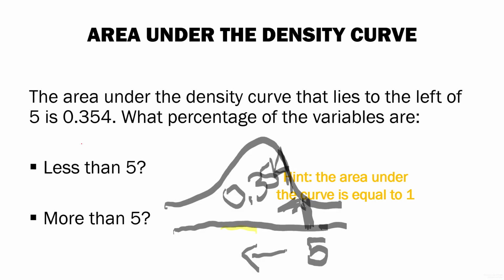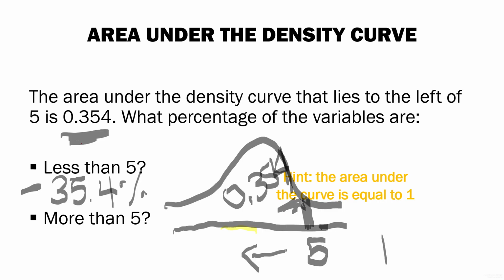So then what percentage of variables are less than 5? Well, if the whole thing is equal to 1, then we can express the areas as a percentage. So less than 5 is about 35.4%. And I know that because it essentially was given to me. Now, what percentage of the variables are more than 5?